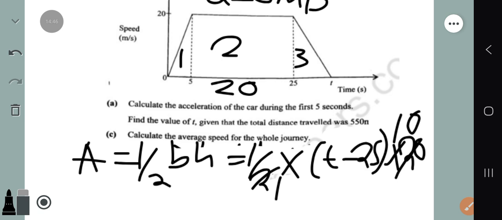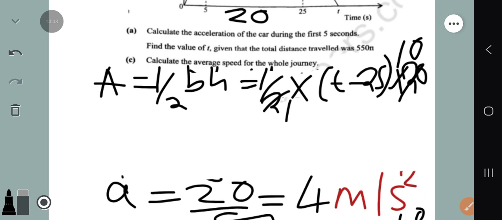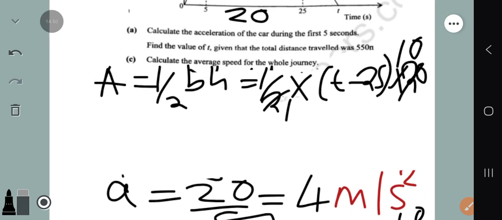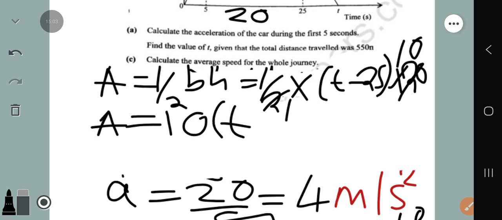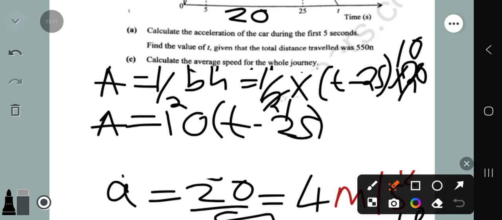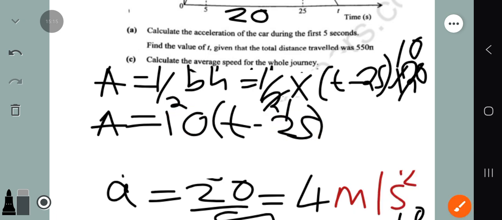Then from here, I can just now simplify. So the area equals to 10 times t minus 25. So here I'm just going to simplify, expand 10 times t, again positive times negative, negative, 10 times 25.